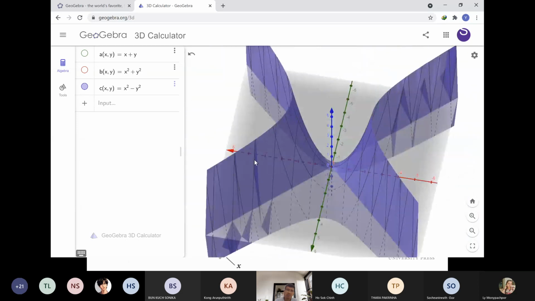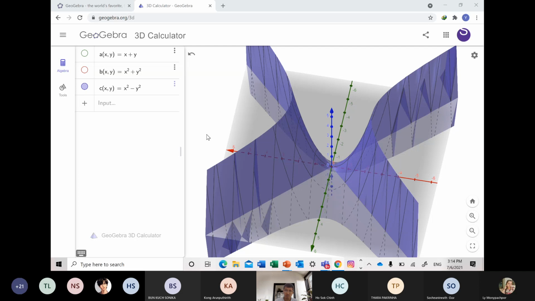So this is a quick illustration of the graph of a two-dimensional function. It's a surface. It's no longer a curve, right?